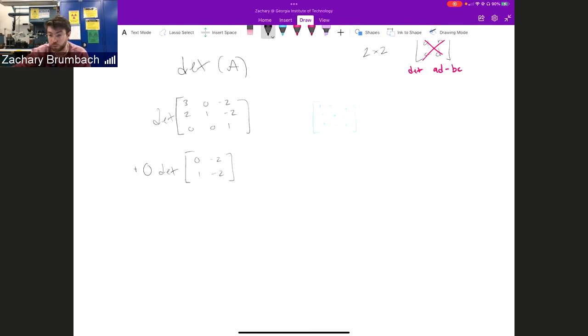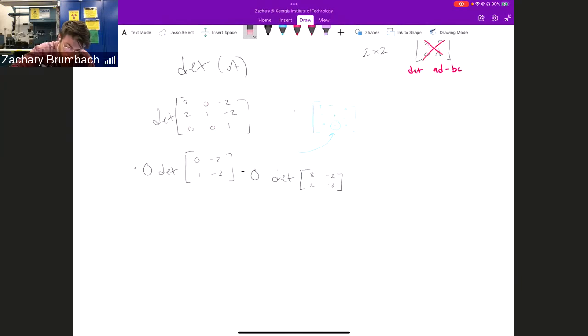Now we move along the row we specified. We move to the next entry, which is this 0 here, and looking at the matrix on the right, it is a negative, so it's -0 times the determinant of everything not in its row or column. It's a little confusing when it's broken up like this, but that's okay. 3, -2, 2, -2.